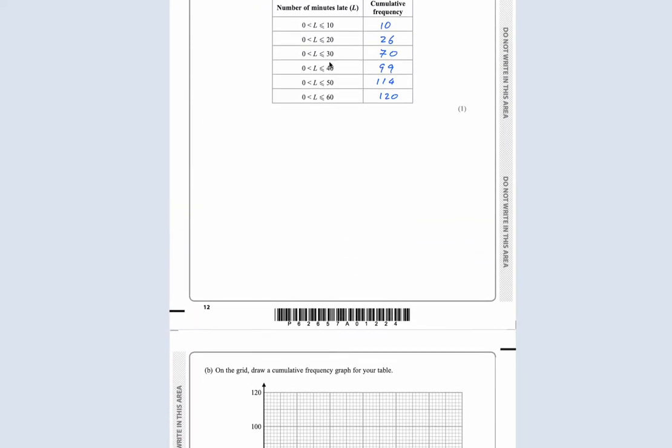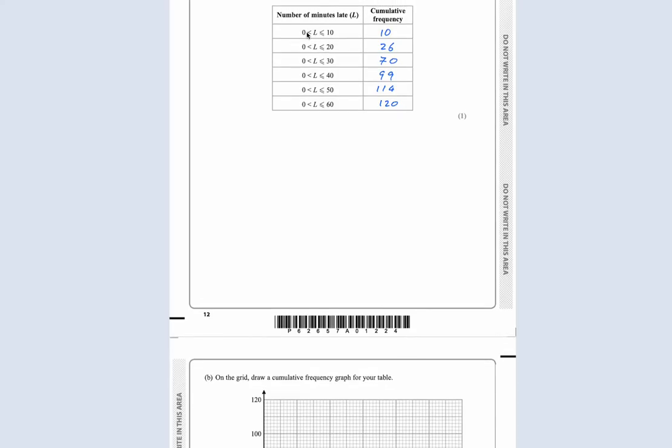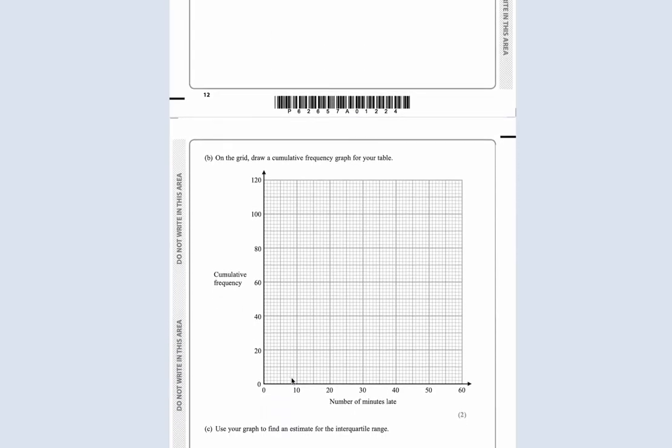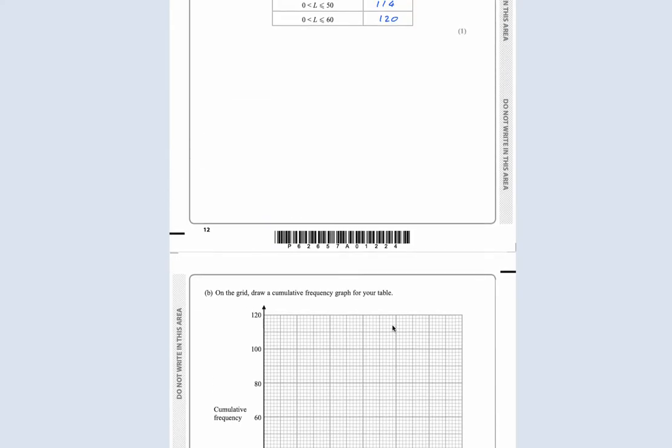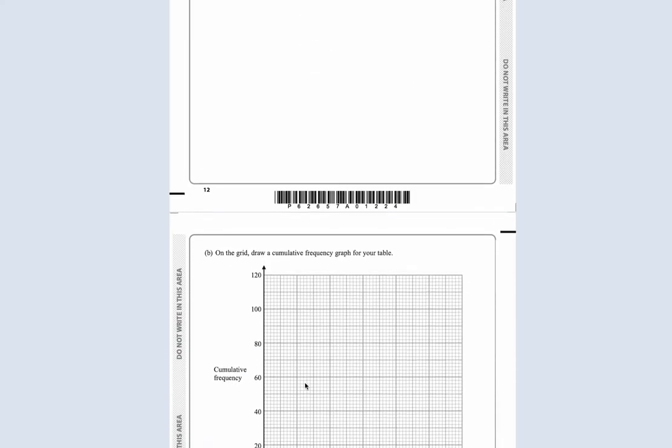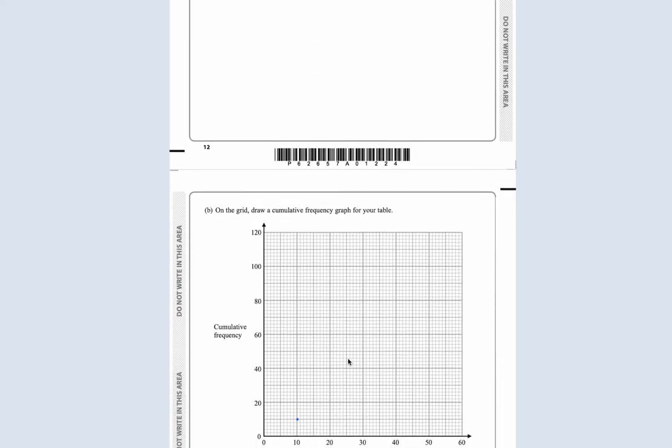I have to plot it at the end of the classes. So I'm going to put 1 point at 10, 10. Be careful. They are on different scales. Next one, 20, 26.